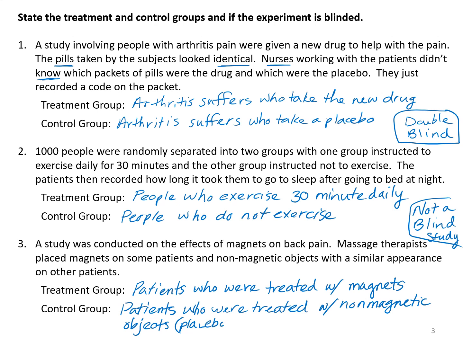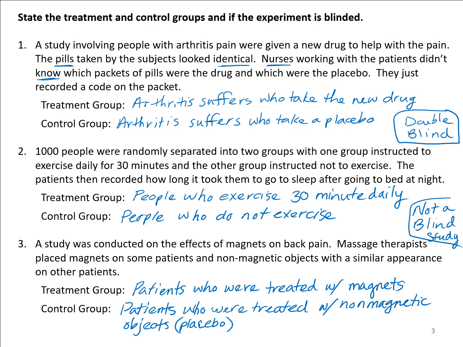So placebos can actually be something you ingest, but it can also be a treatment that looks similar to the treatment you're investigating, but is not the same. All right, so because they're using a form of placebo, that means they're trying to make it so the patient doesn't know whether they're getting the magnet or not. So it's definitely blind.